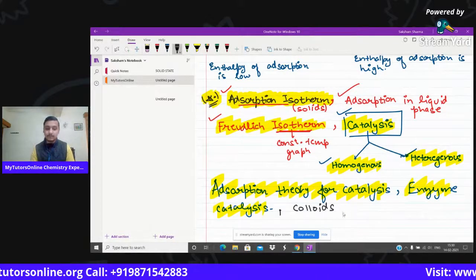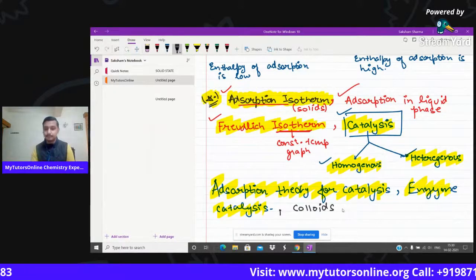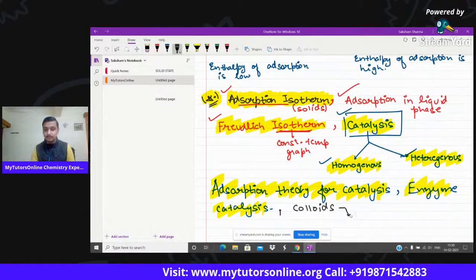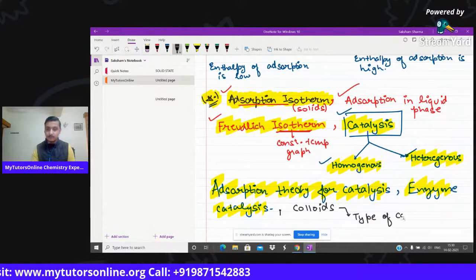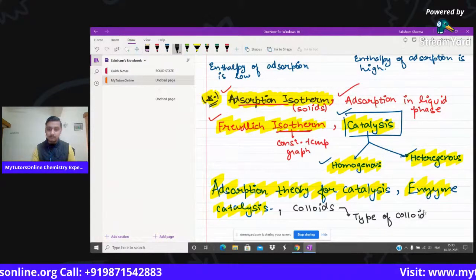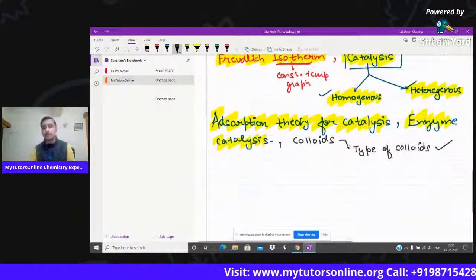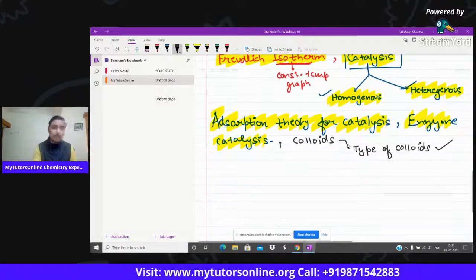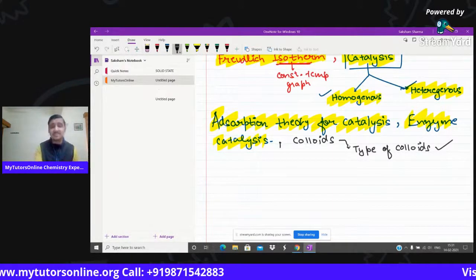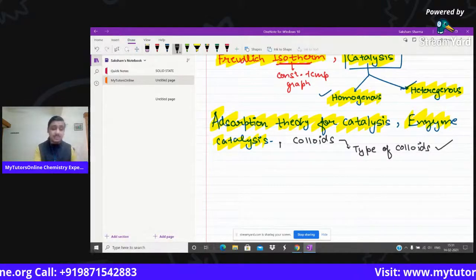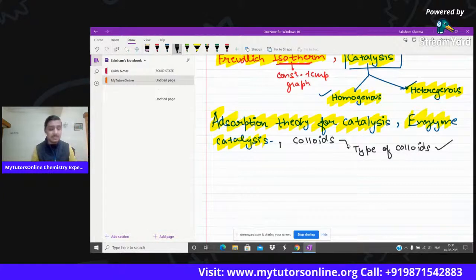Now, colloids and types of colloids. I have not written the types of colloids over here because the classification of colloids can be done in various ways: on the nature, or on the dispersed phase and dispersed medium.